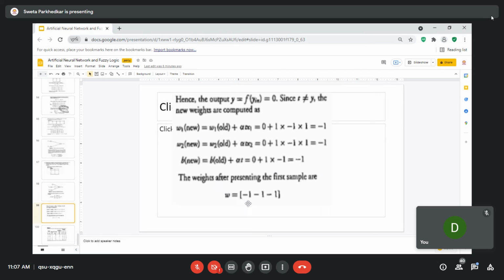You will get this W as -1, and -1 for W1 to W2 and B. Similarly, do this for second input sample, third input sample, and fourth input sample. मुझे सेकंड, थर्ड एंड फोर्थ सैंपल के वेट्स बताओ क्या आ रहे हैं आंसर.